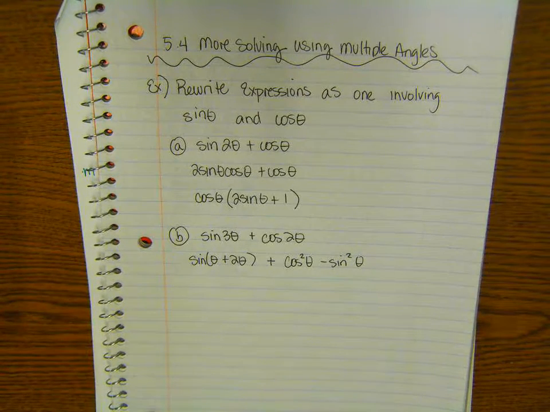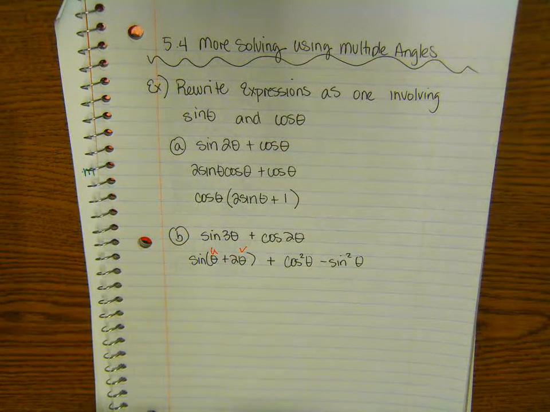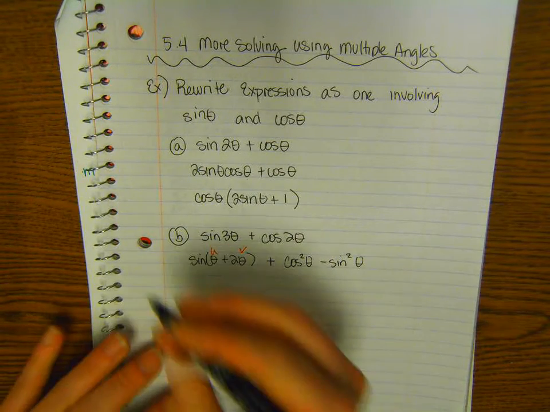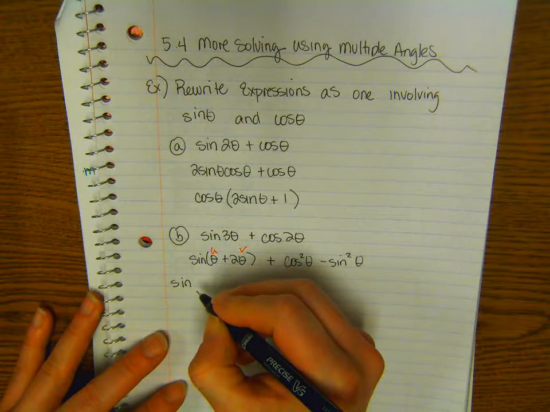Now, this is where you're not going to probably like this very much. If I wrote it this way, because I still have a 2 theta in here, don't I? Yes. Then I want to use a sine sum formula. All right, so doesn't it say sine of u times cosine of v? Yes.